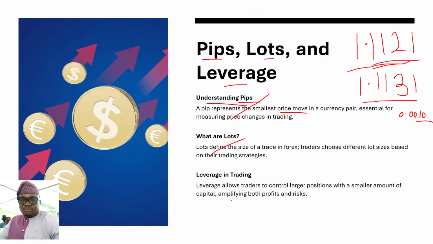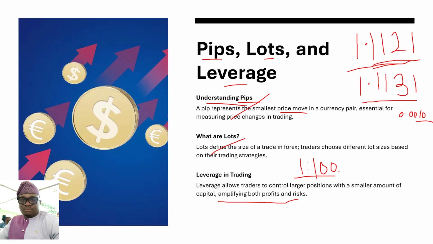I told you this is a double-edged sword. Leverage is simply your broker lending you more money. If you see something like this, it refers to your leverage.